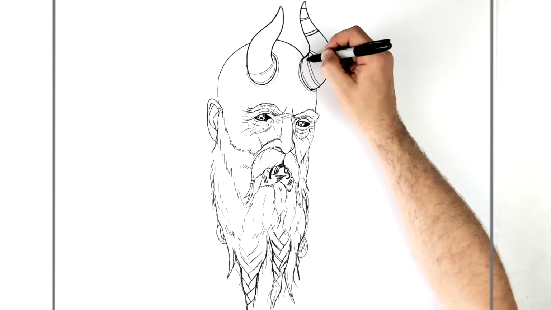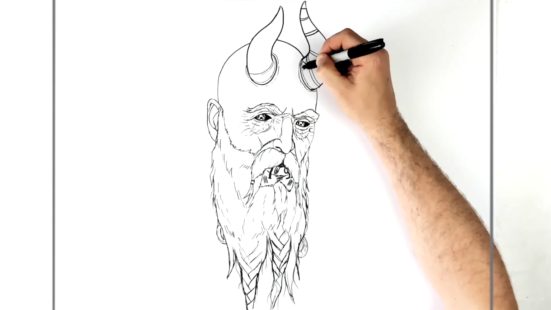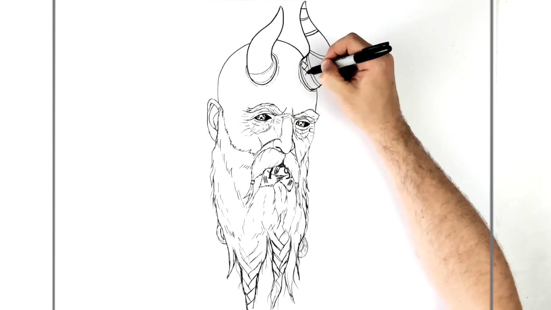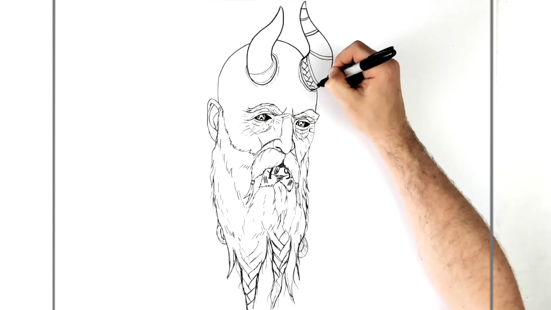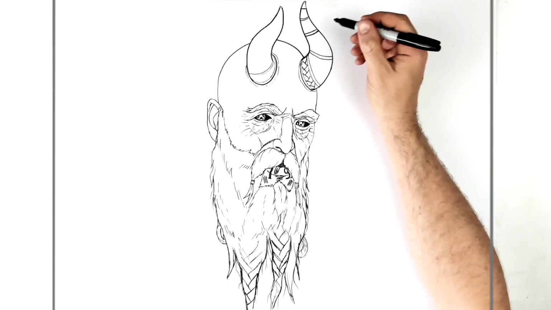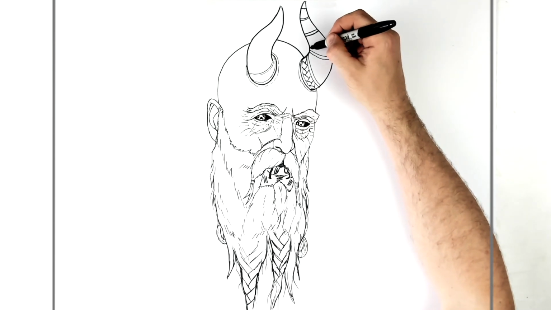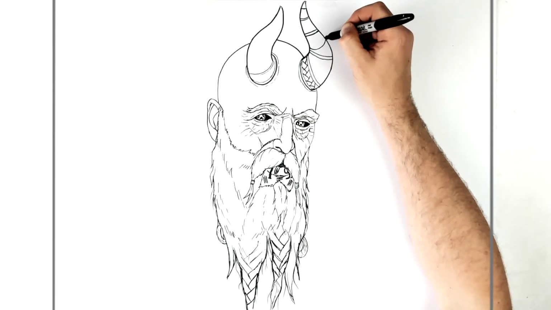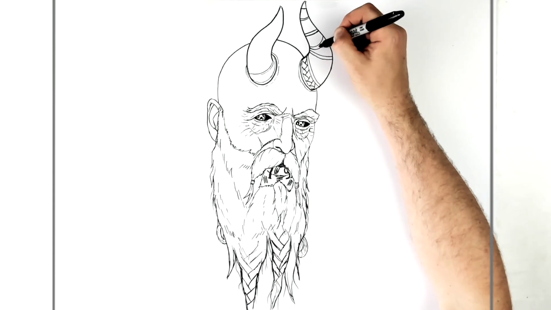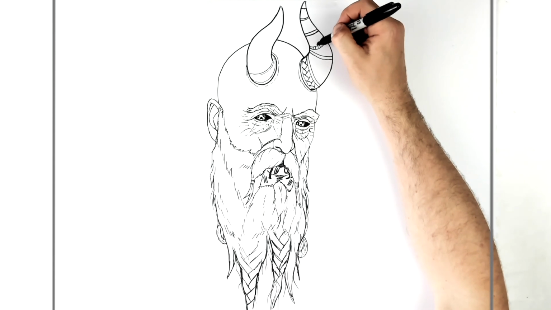You could have, again, a sort of braided section here. Kind of like that. Then some sort of stuff in here.